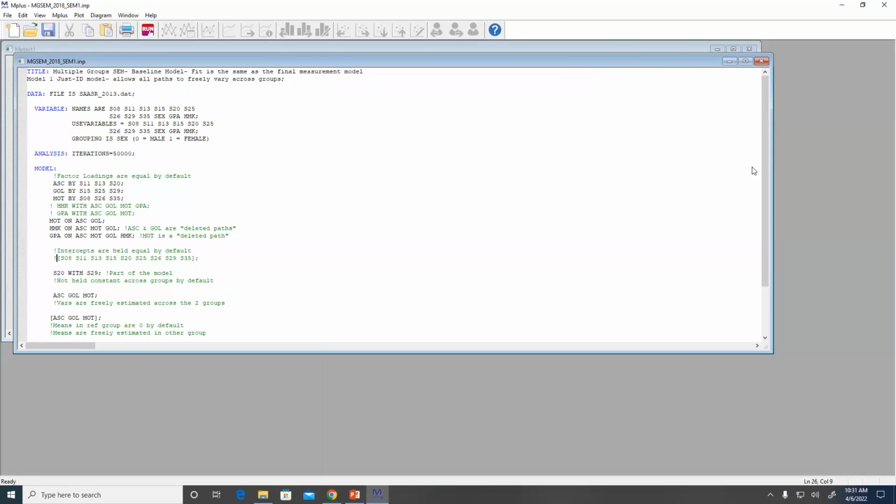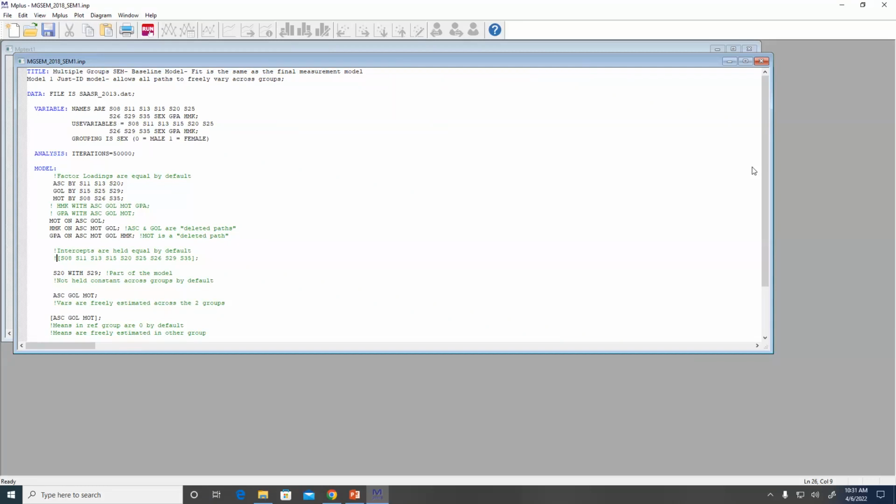That would be important, and in some sense it's more what I'm after than whether they're different from zero. So with this multiple groups model, before I get rid of the conceptually omitted paths, I've got a new step. The first step is to constrain the conceptually omitted paths to be equal across groups and test to see if that constraint is reasonable.